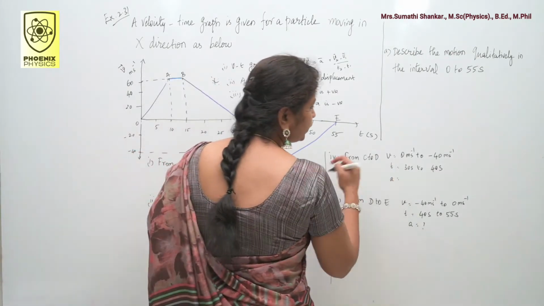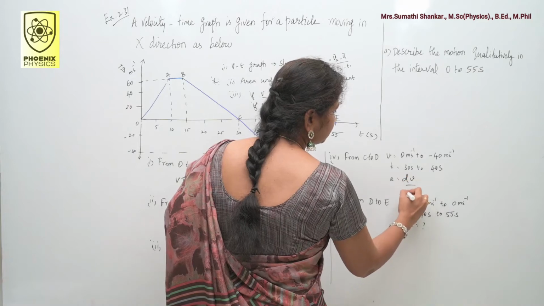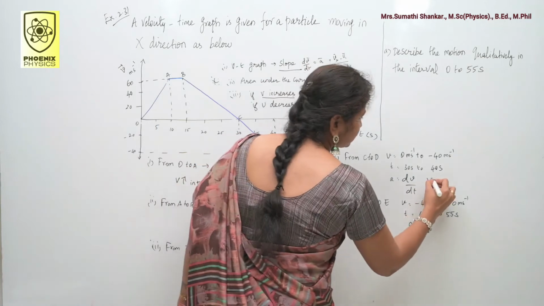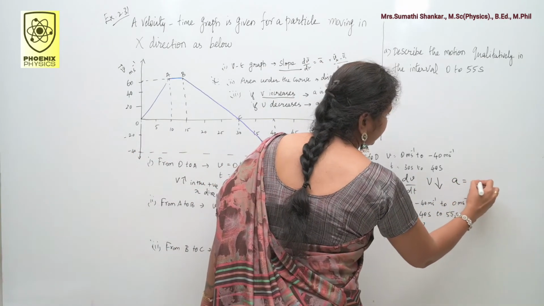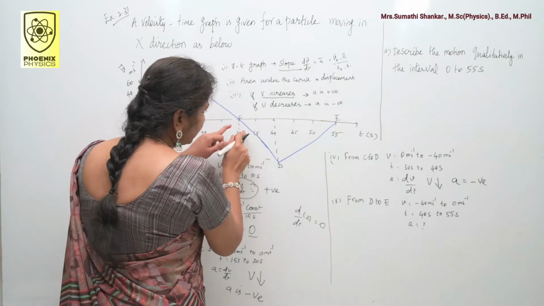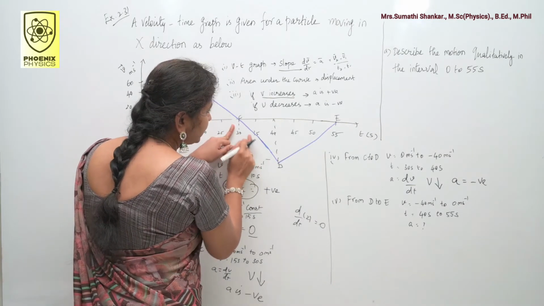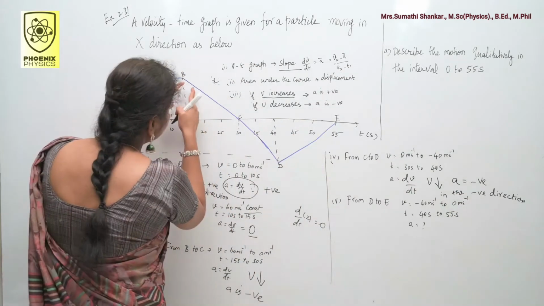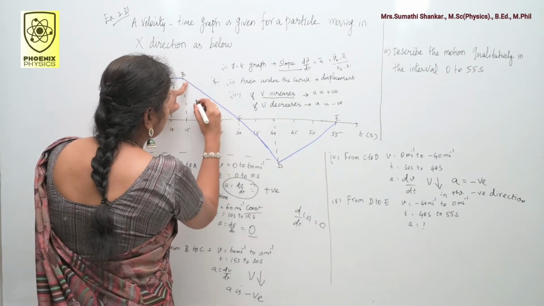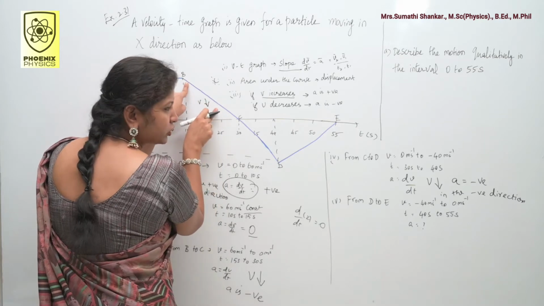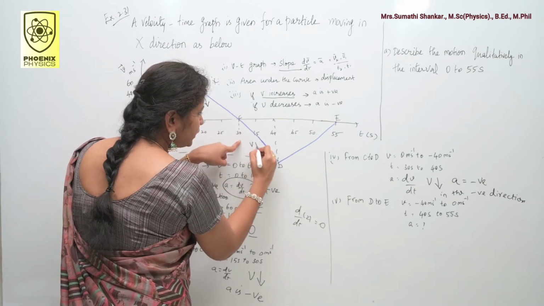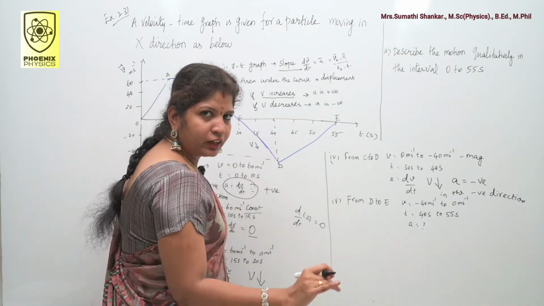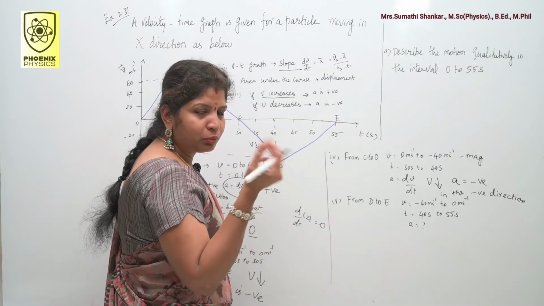Then how do you find out A? You know that A is nothing but dV by dt. Here also velocity decreases, so A is negative. Here V is decreasing in the negative x direction, that is nothing but direction.